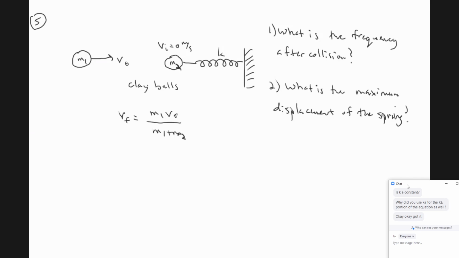And hopefully you guys remember that when you're dealing with clay balls, you're dealing with an inelastic collision, and in inelastic collisions, kinetic energy is not conserved. Just keep that in mind.